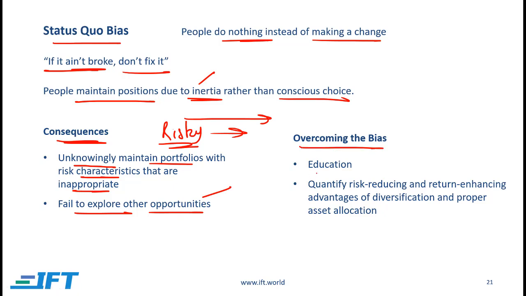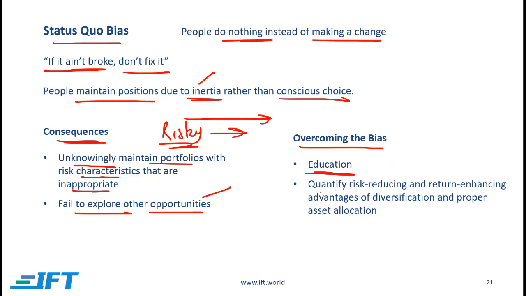How do we overcome this bias? One obvious strategy is education. So both in terms of recognizing that this bias exists and also education in terms of recognizing how the risk profile needs to change with time and how different risk profiles will then correspond to different investment choices.